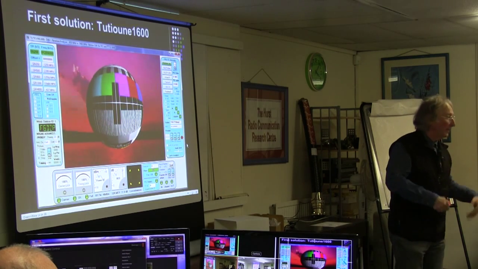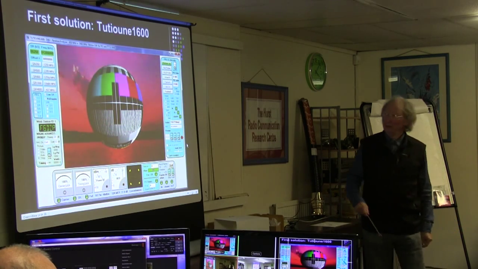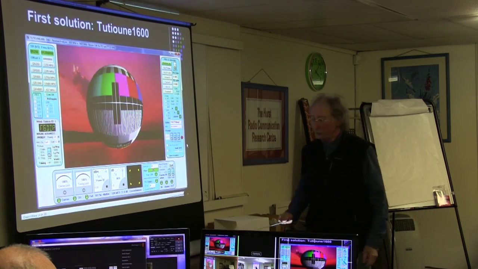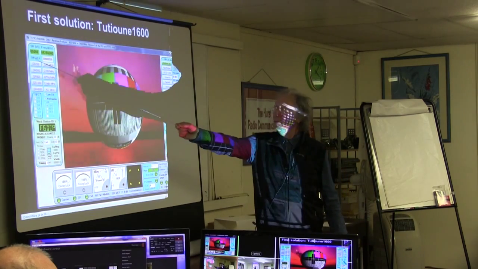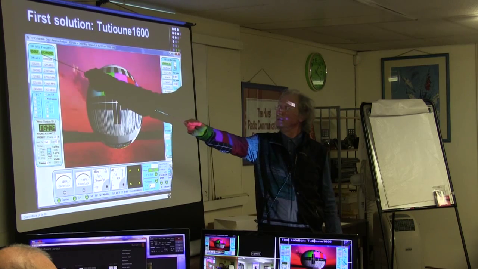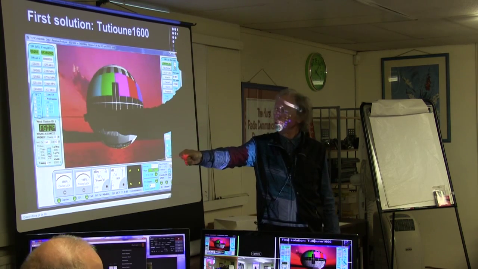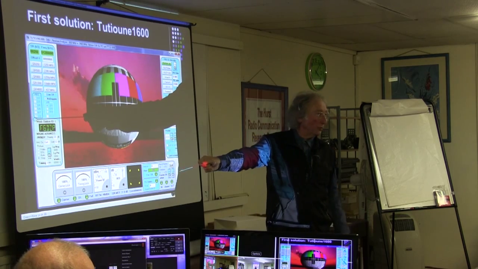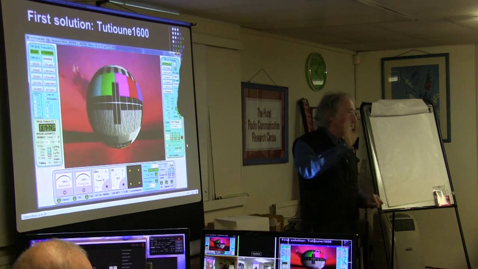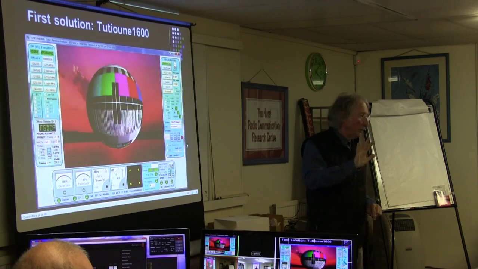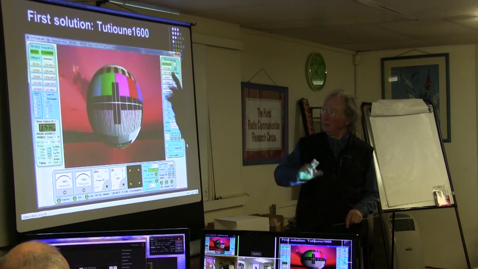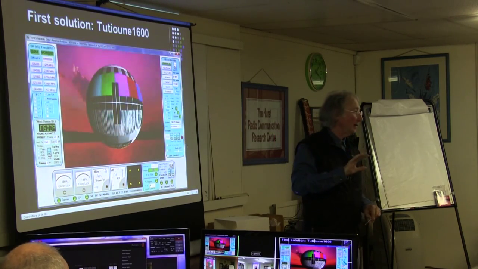Tutioune, for people that don't know this software, allows you to choose the symbol rate, the frequency. You can also set up the FEC if you want, but if you write absolutely no FEC, it will find the FEC itself.